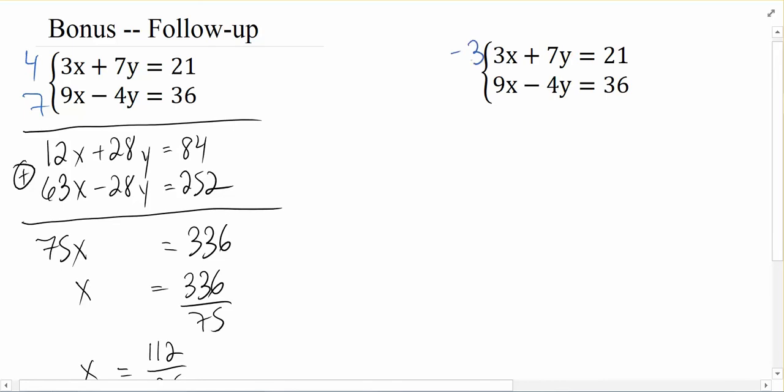I could do that if I multiplied this first equation by -3, because that would make my x's opposites. I would get -9x minus 21y equals -63. In the second equation, I'm going to copy down.